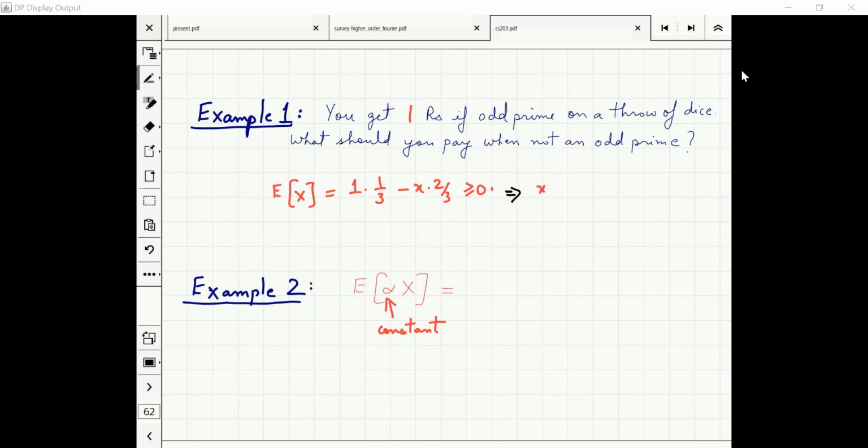That's simple math, right? X is less than half. So if I pay you 50 paisa or less than 50 paisa, then I'm ready to take that bet.